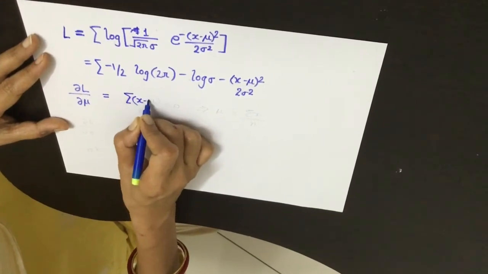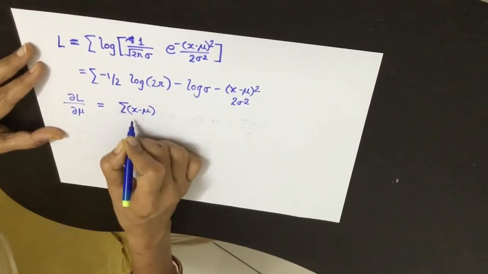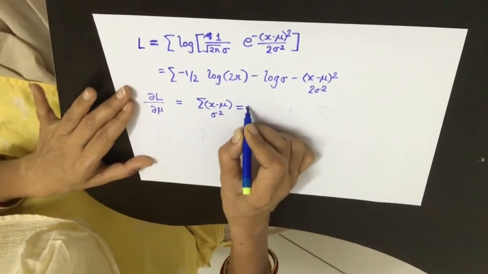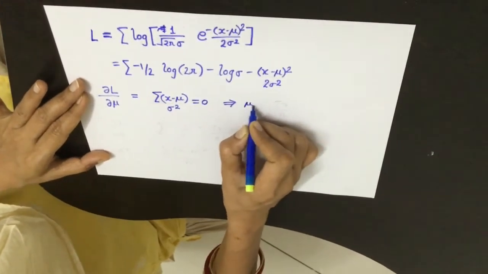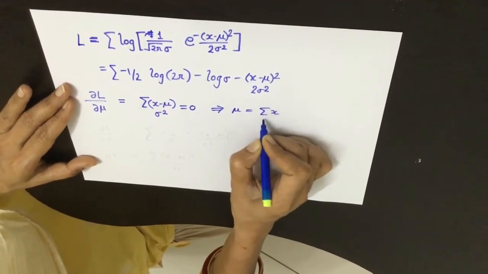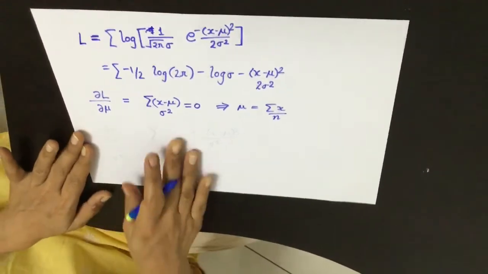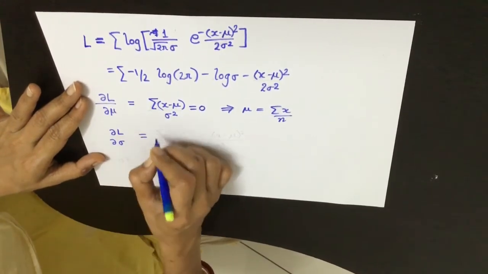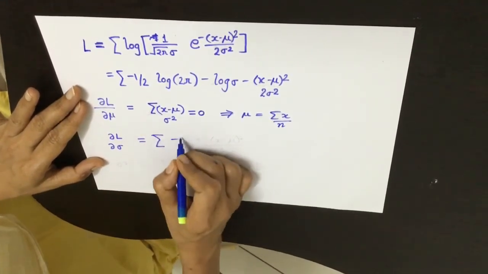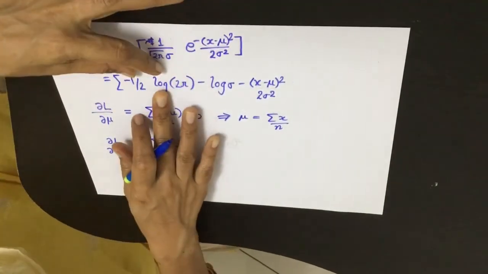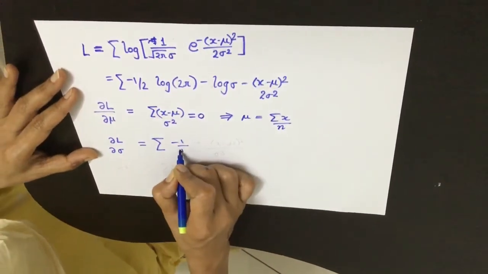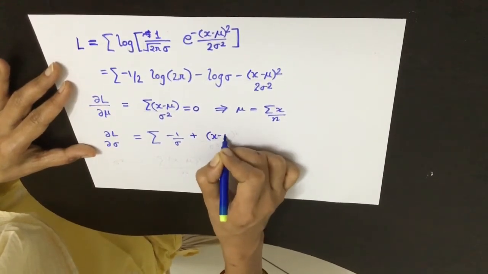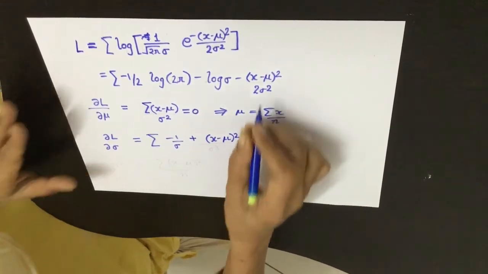When we differentiate by mu, we get a value very similar to the previous one, that is, mu should be the average of all observations. Now the new thing is finding sigma. This time we differentiate by sigma, the standard deviation. This term gets eliminated and we have 1 by sigma, and the numerator stays the same because it does not contain sigma.